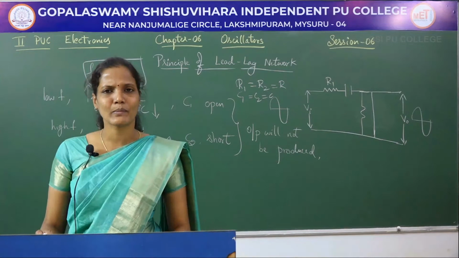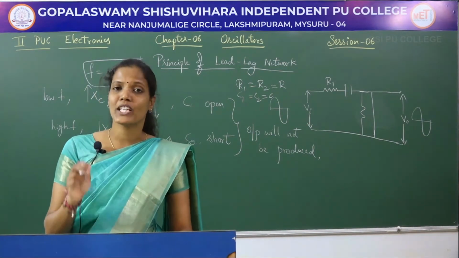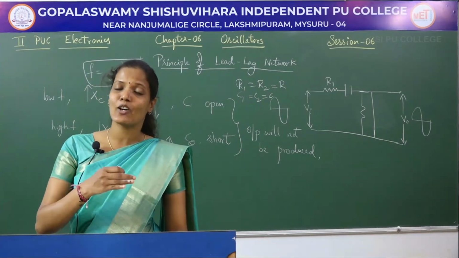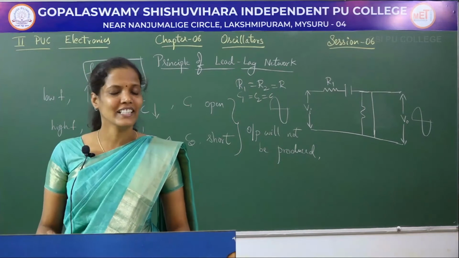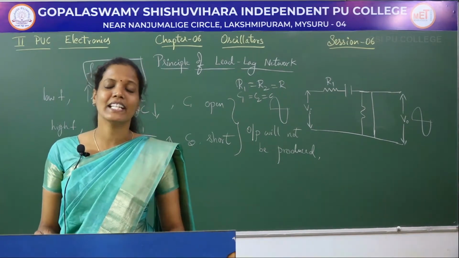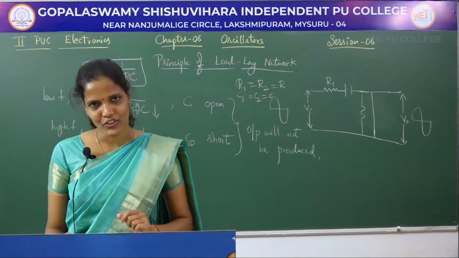So this is the principle behind the lead lag network. A circuit in which the output will either lead the input or lag the input is called the lead lag network. Now let us see the Wien-Bridge oscillators, which is one of the types of RC oscillators.